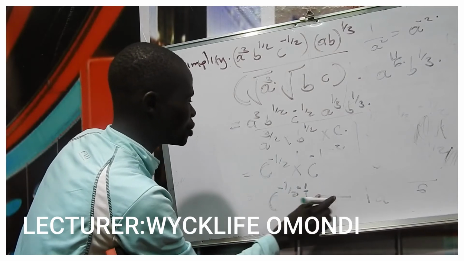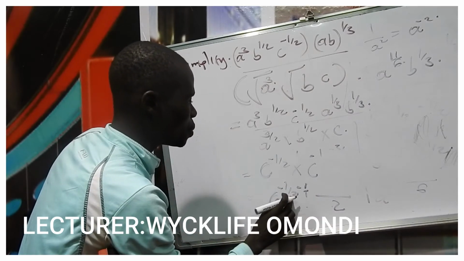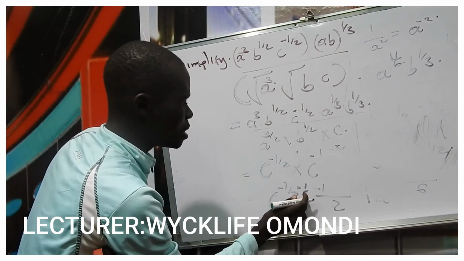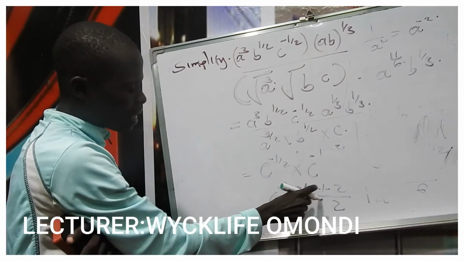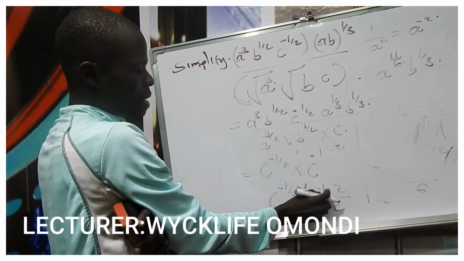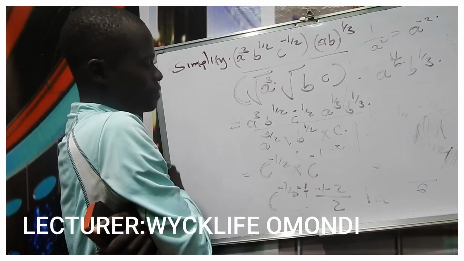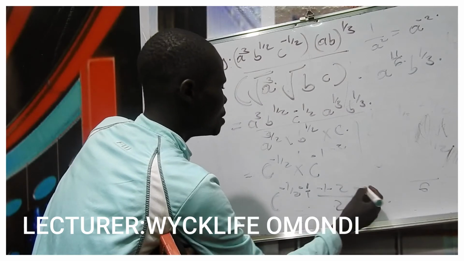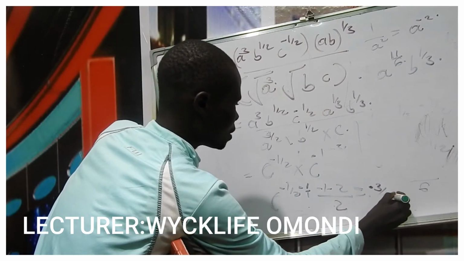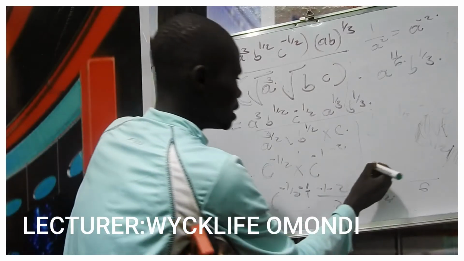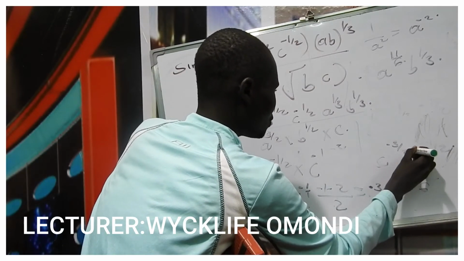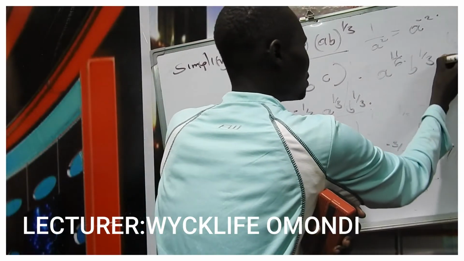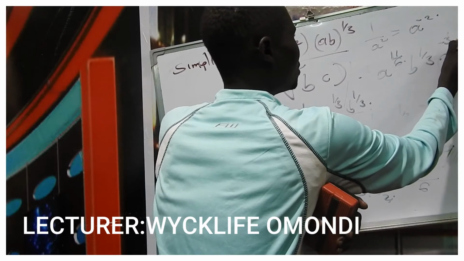The LCM of this is 2, so 2 goes to 2 one time, which gives negative 1 over 2 minus 2 over 2. A negative plus a negative is a negative, so this will be negative 3 over 2. Therefore, c will be negative 3 over 2.